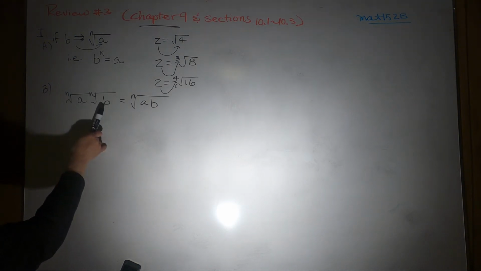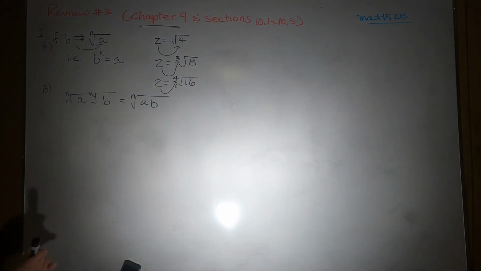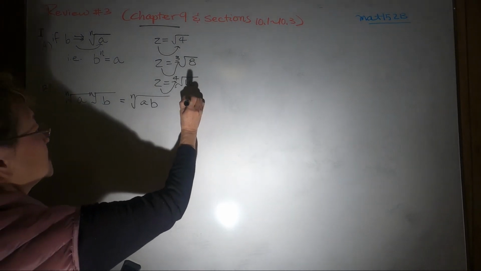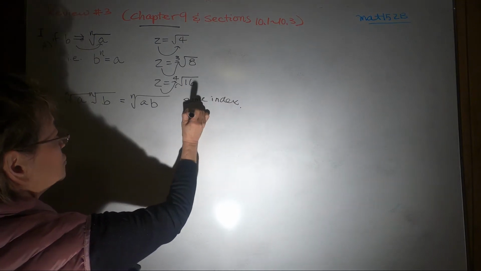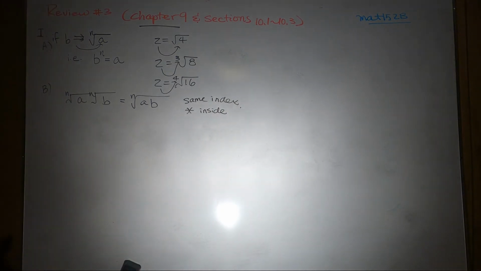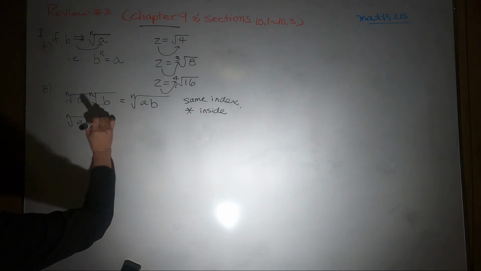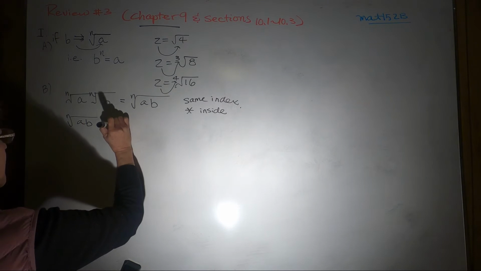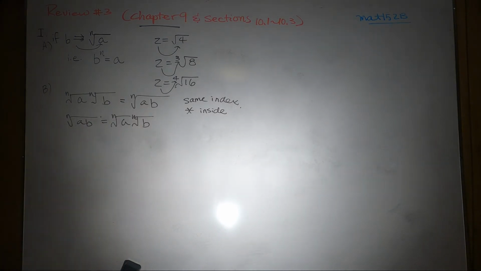Okay, you need to multiply inside if they have the same index. Then you simplify this. So if same index, then you multiply inside, right? Same thing if you have 2 things multiplied together with the index, you can split them. That's called the product rule.